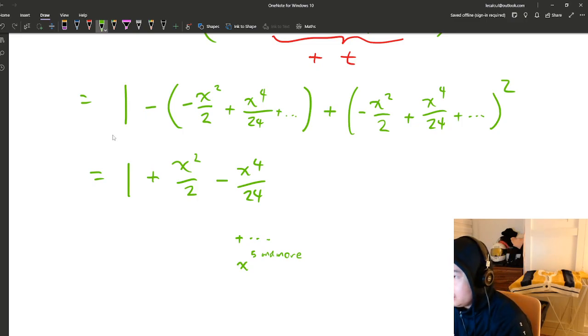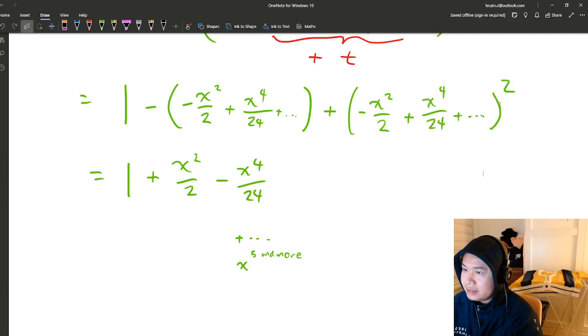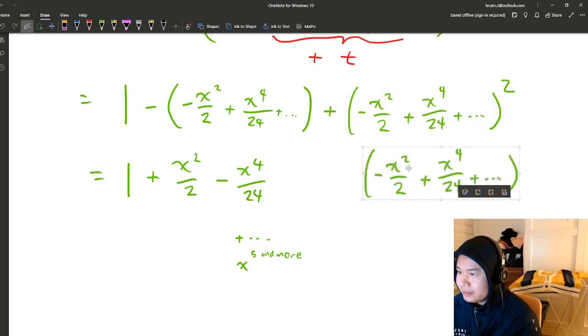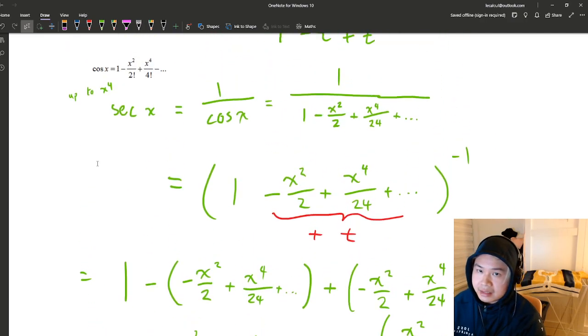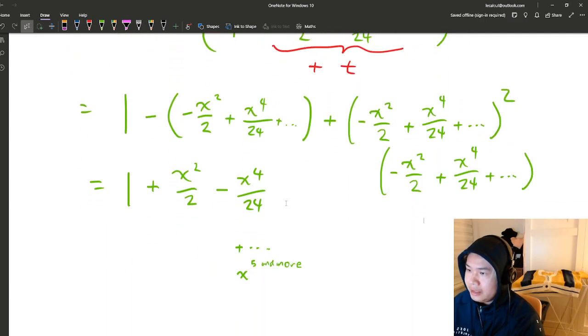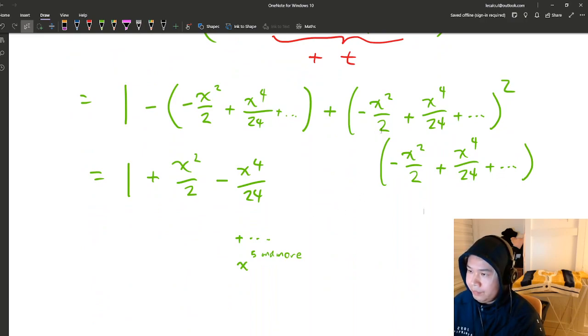And then over here, when we square this, this is going to multiply by another one of itself. And if you remember, we're only considering this up until x to the power 4, and there's only one term when you multiply these two together that is x to the power 4 or less.